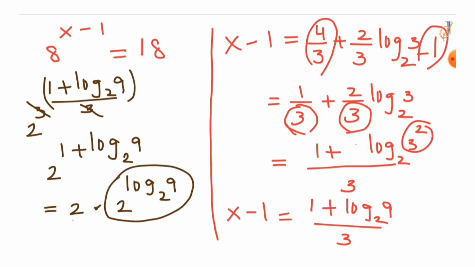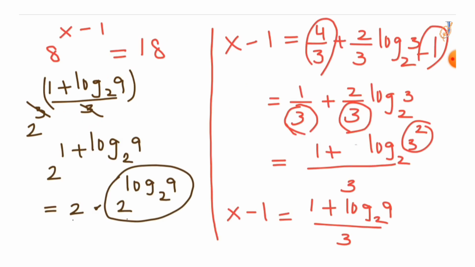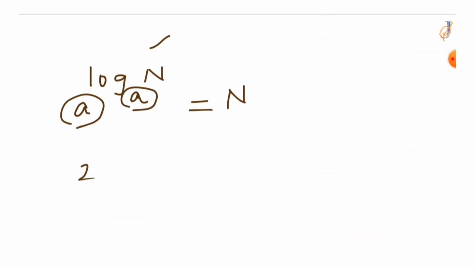Now observe this term. Recall one of the logarithm properties, that is a power log of n with base a. Here we have a and here we have a. If we have the same base like that, we can simply write it as n. Similarly, we have 2 raised to power log 9 with base 2.